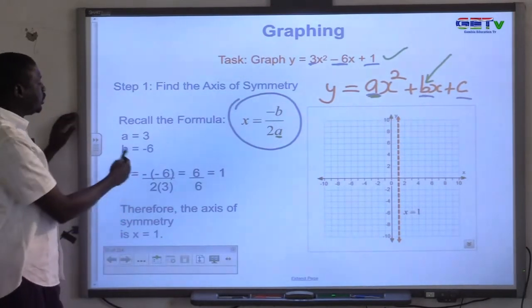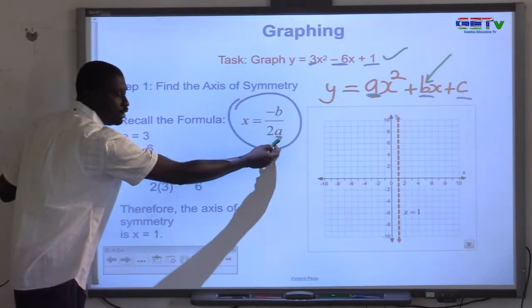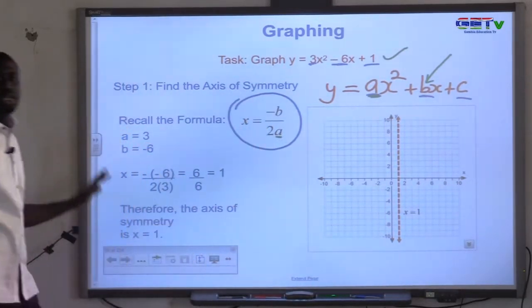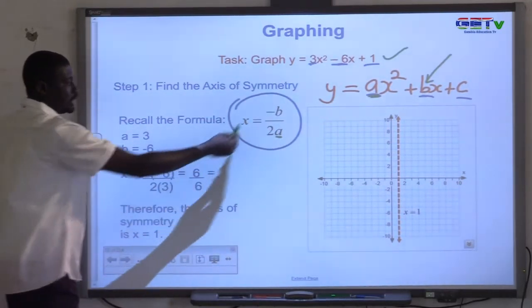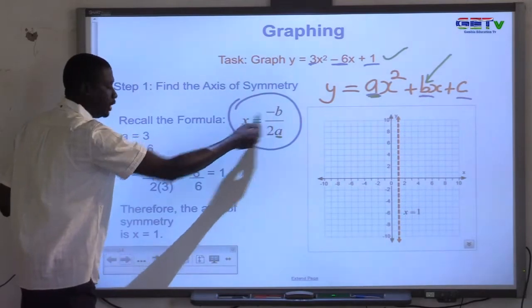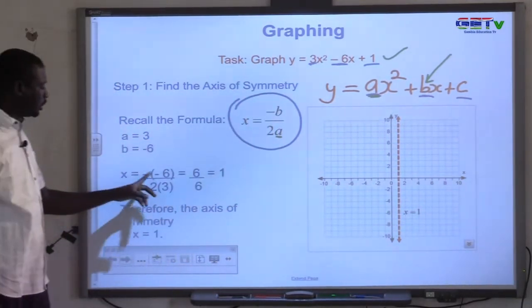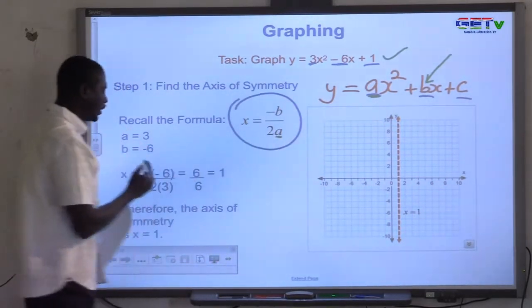So if you substitute this 3 in place of a in the equation given, and negative 6 in place of b, this is what it results to. x will be equal to minus, that's this negative that we have in front of b there, and the b value is minus 6, so in parentheses we put negative 6, all that over 2 times the value of a, which is 3.